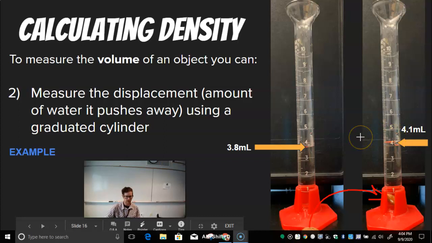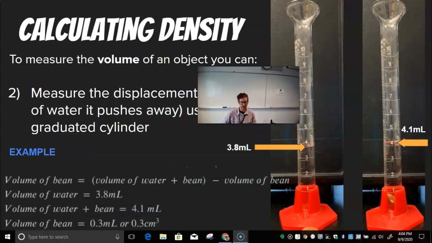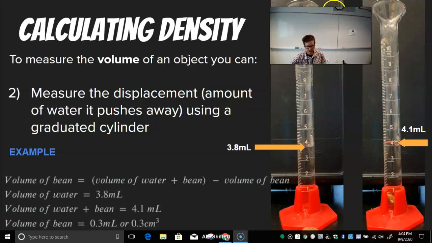So given that, what's the volume of the bean? I can calculate that pretty easily by subtracting, not the volume of the bean, silly me, the volume of the water.